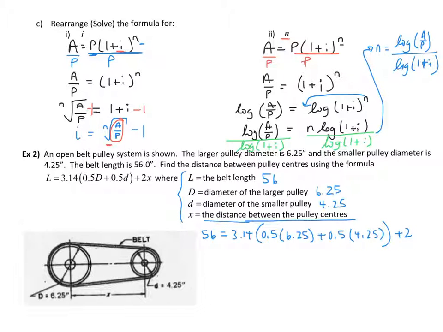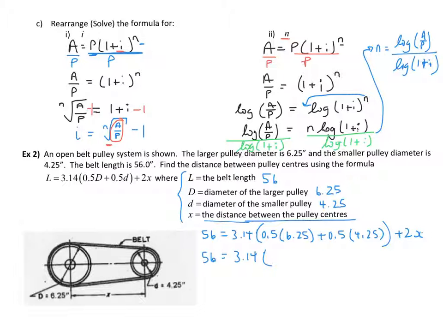So the goal here is to get our x all by itself. All right, so I'm going to work inside the brackets. I'm going to do the multiplication in there: 0.5 times 6.25, I get 3.125, and I'm going to add to that 0.5 times 4.25, and I got 5.25. So I'm just going to jot that step in here, just so that you can follow along.